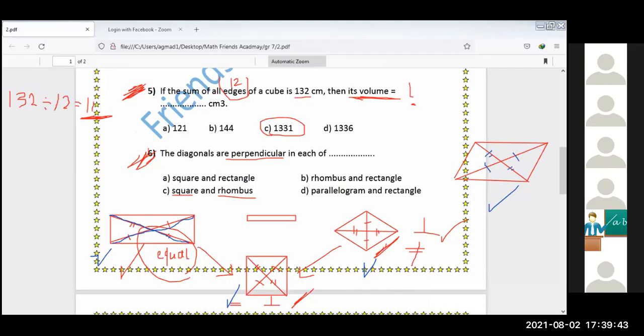What the meaning of the word parallelograms? Each 2 opposite sides are parallel. So all of them have a common thing: the diagonals in them bisect each other. So the parallelogram here only bisects each other, not perpendicular and not equal in length.